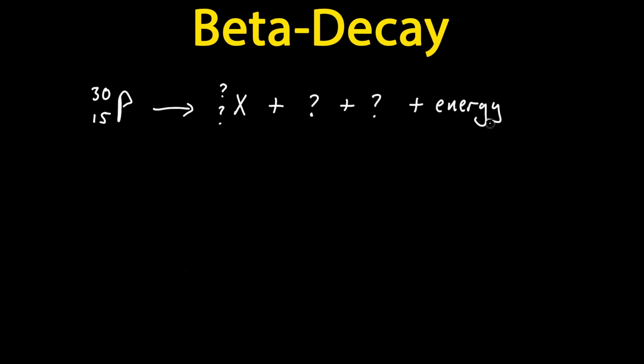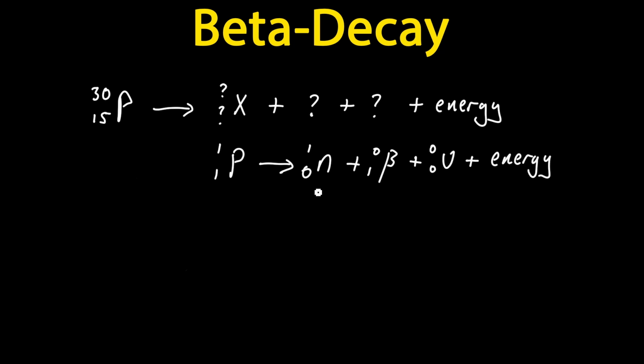Beta-positive decay always occurs when a proton within the parent nuclide gets converted into a neutron. So we're losing a proton from the phosphorus nucleus here. We've got a proton being converted into a neutron, and we get a positron or beta positive particle ejected plus a neutrino.